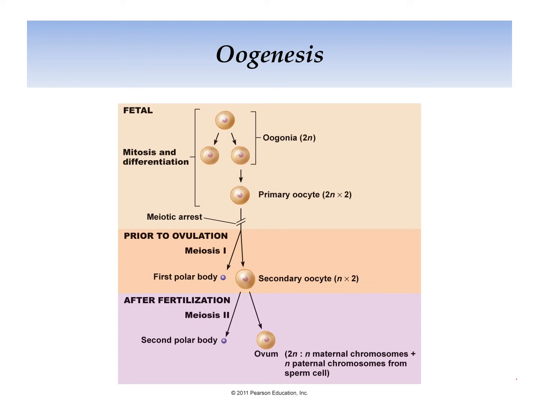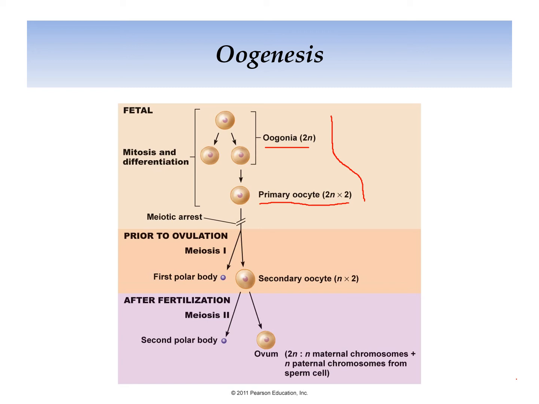Now, instead of spermatogonia, you have oogonia. This oogonia then divides and becomes primary oocytes. What is very interesting is that when a female baby is born, she is born with a set amount of primary oocytes, usually about 400. And that is the very difference between males and females. In the case of males, they continue to produce sperm.